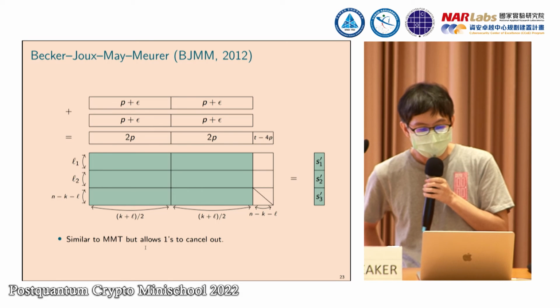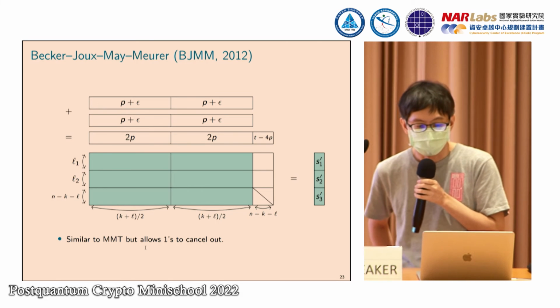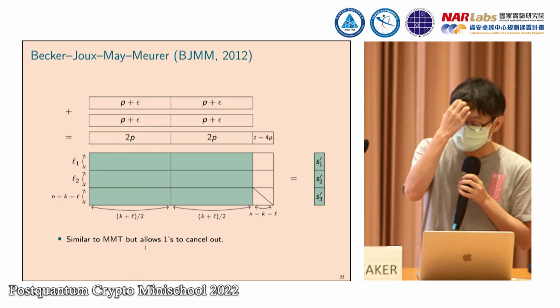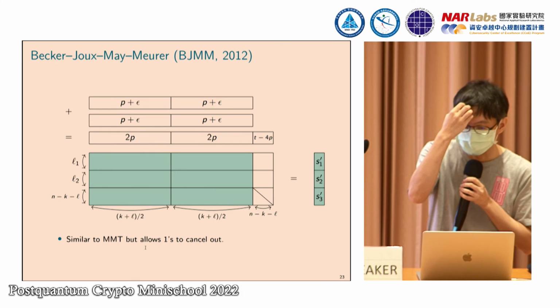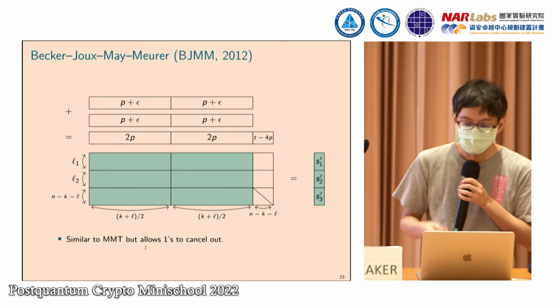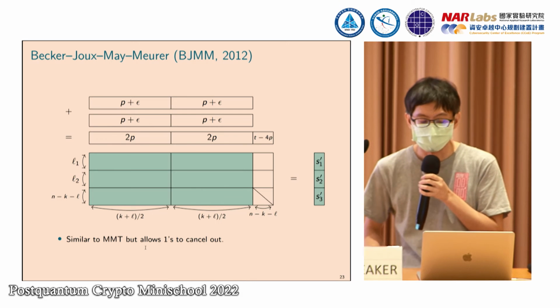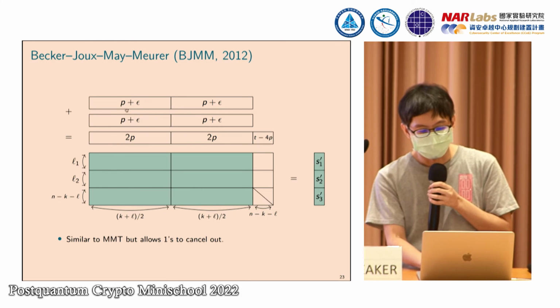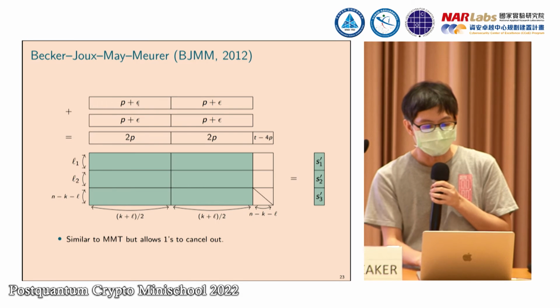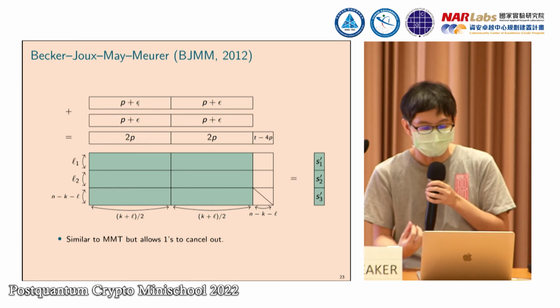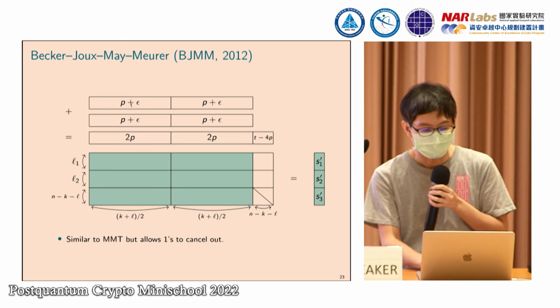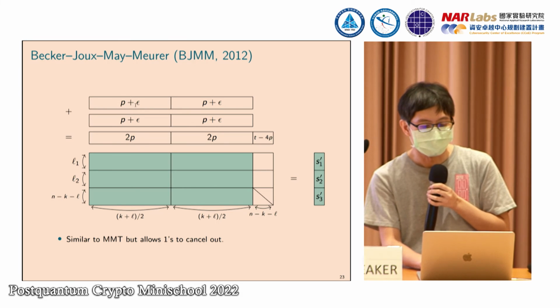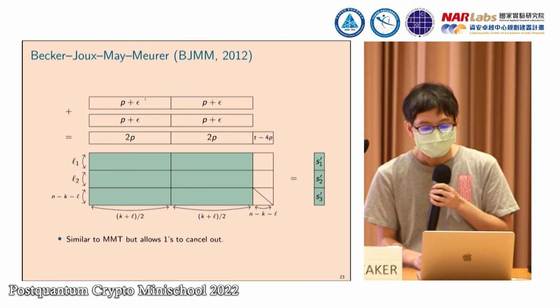And the most recent one is this BJM attack. I think this algorithm is very similar to the MMT algorithm. The main concept is that the base list is going to have p plus epsilon errors.